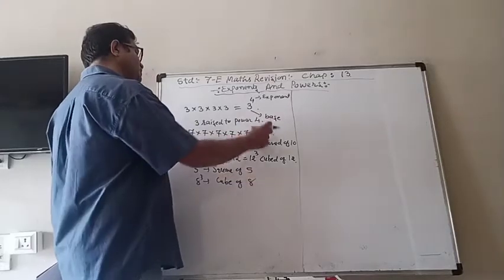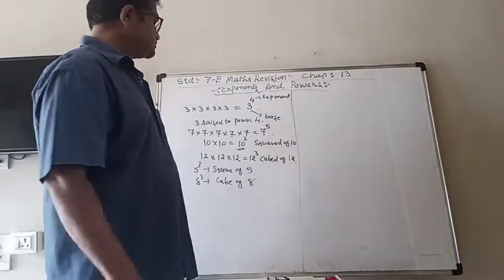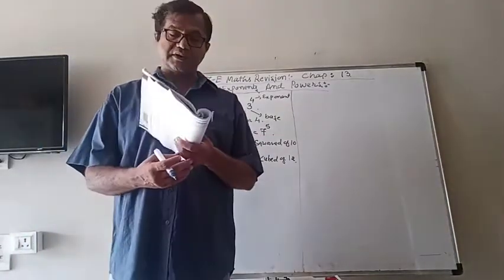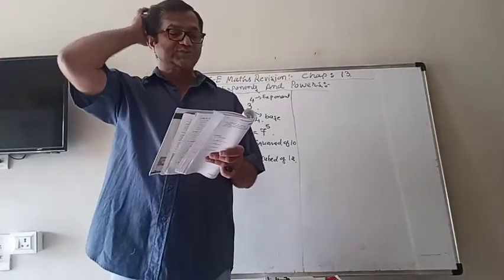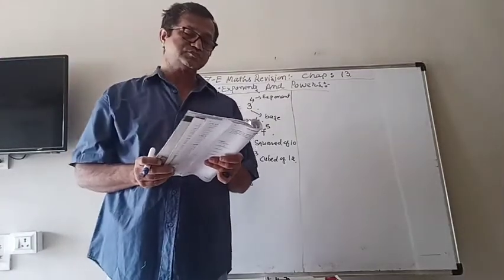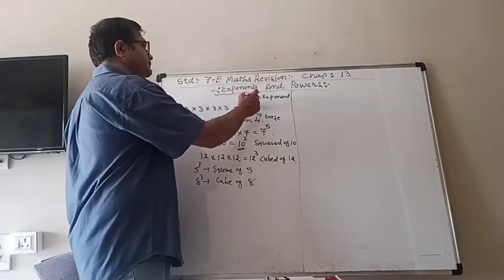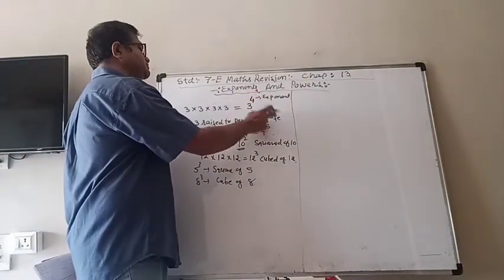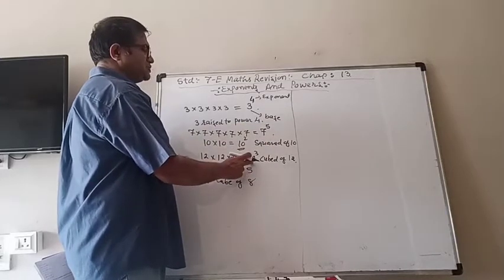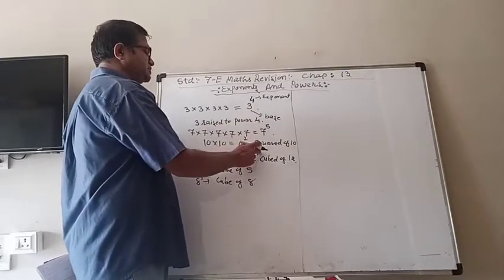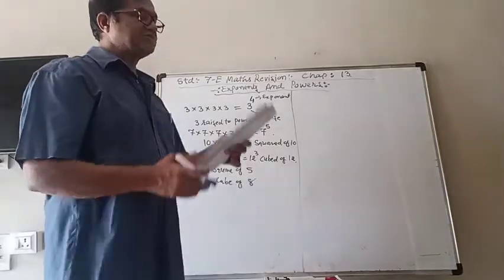For other powers we have to write them like that, but for power 2 and power 3, there is a special name. So that is the exponent form, in which here also 12 is known as the base and 3 is the exponent.